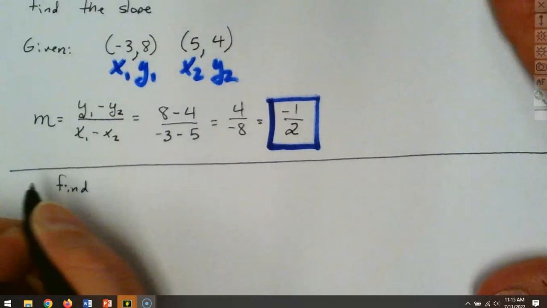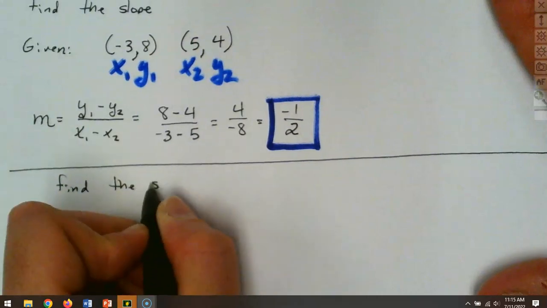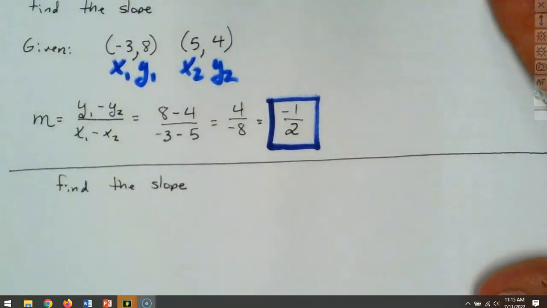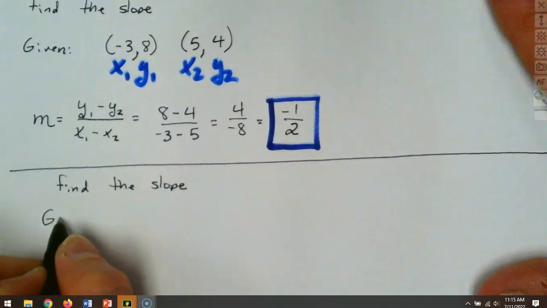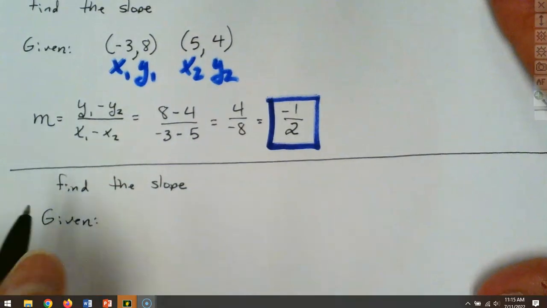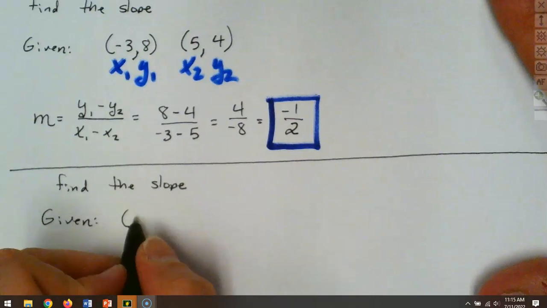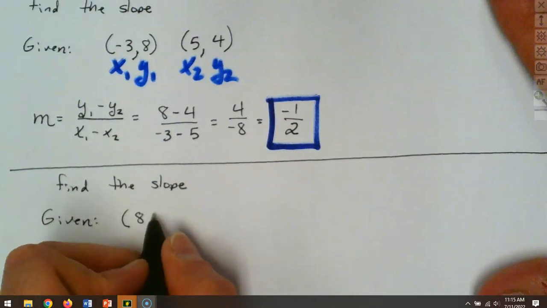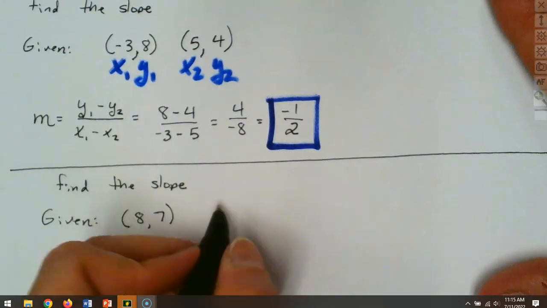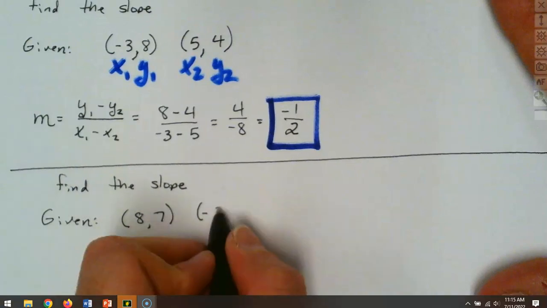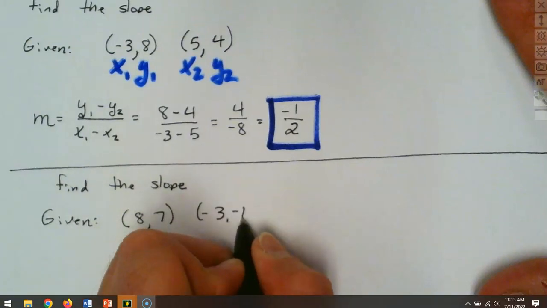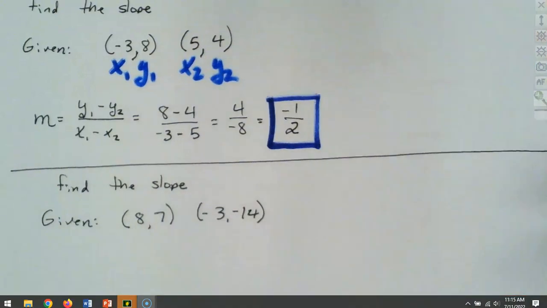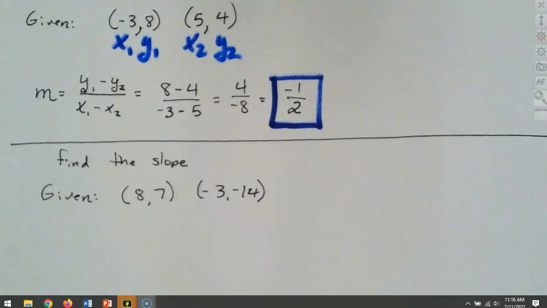So again, we're going to find the slope. And you're given 2 points. So let's say you're given 8, 7, and minus 3, minus 14. So again, all we need to do is simply find the slope here.